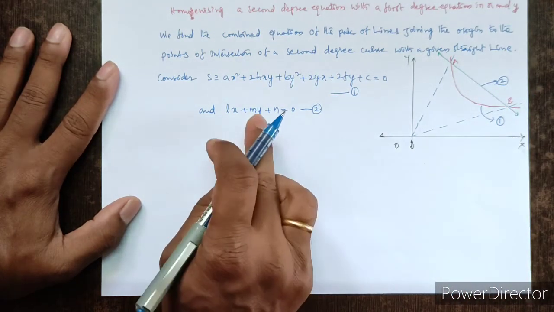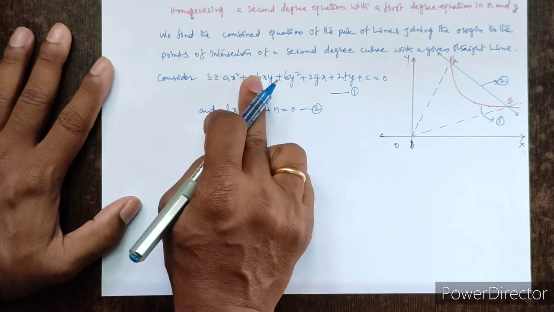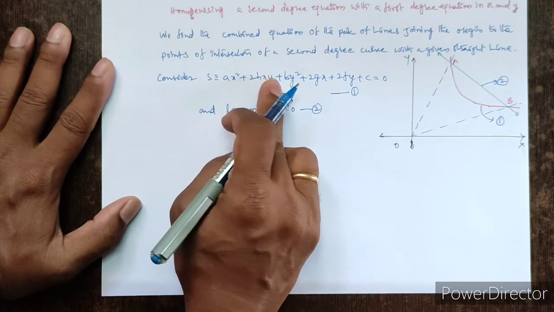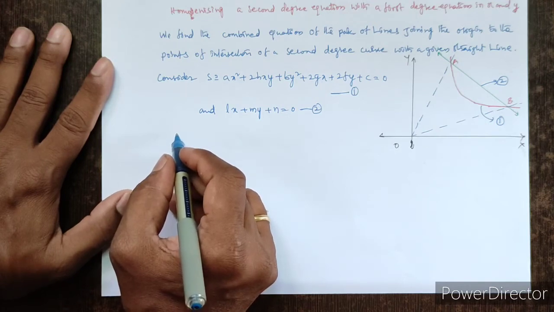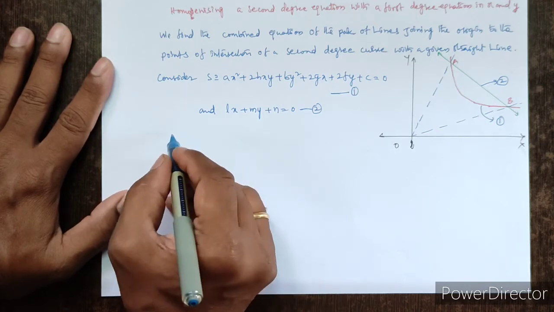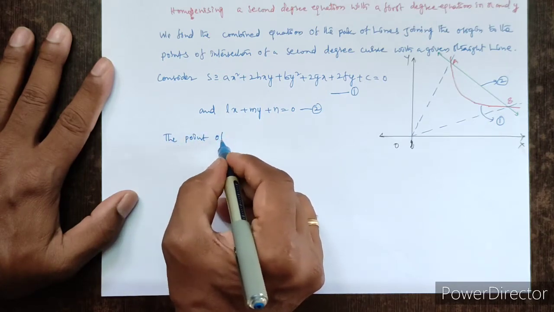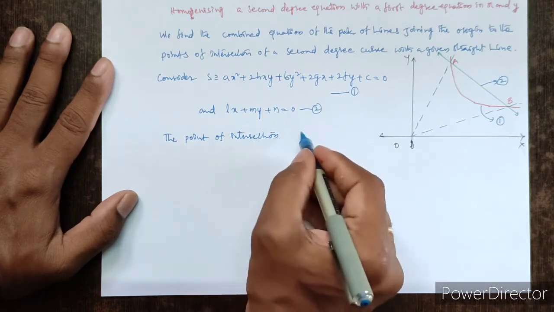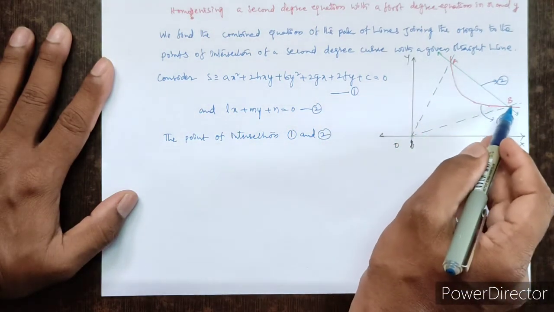So by using this first degree equation in x and y, we are homogenizing the second degree equation. For this, we are using the point of intersection of equations 1 and 2.